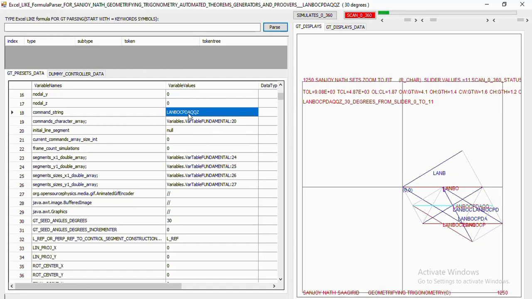NOPQ are sec theta, and ABCD are cos theta. So after multiplying, we should get a 1 as the output.